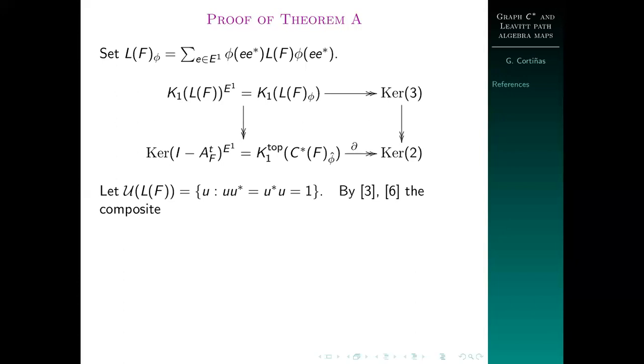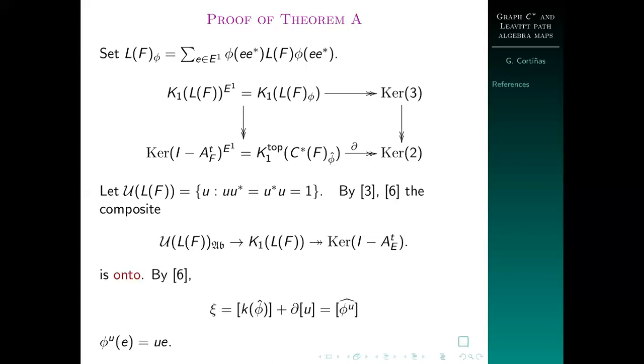But moreover, this section associates to any element of the kernel not just the class of an invertible element, an invertible matrix in LF, but of a unitary matrix. And here this is for any finite graph F, but here we are assuming that F is SPI. So we can roll over a matrix, an invertible unitary matrix, to a unitary element of LF.